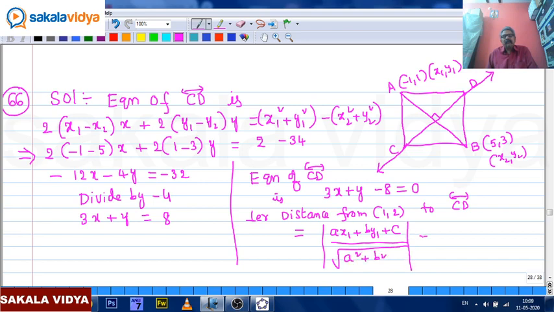Now substitute: 3 plus 2 minus 8 by root of 9 plus 1, as 3 square is 9 plus 1. This will be mod of 3 plus 2 is 5, minus 8, that is minus 3. So 3 by root 10. This is the answer.